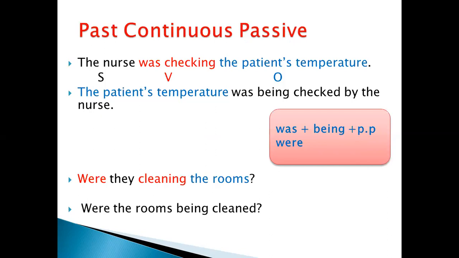What's O? Object. Yes, take it and put it first, as a new subject. So the patient's temperature was being checked by the nurse. The form of the past continuous passive is was or were, being plus past participle.